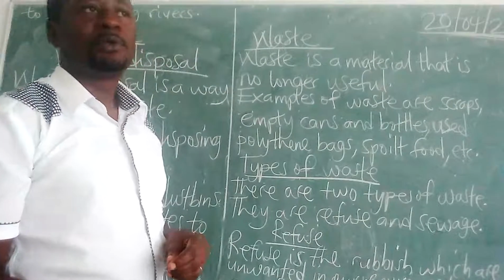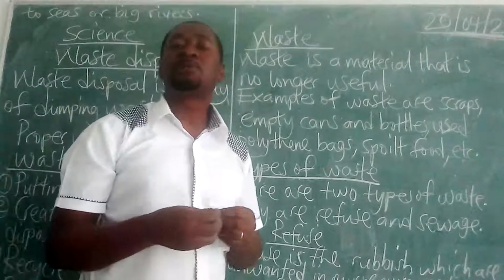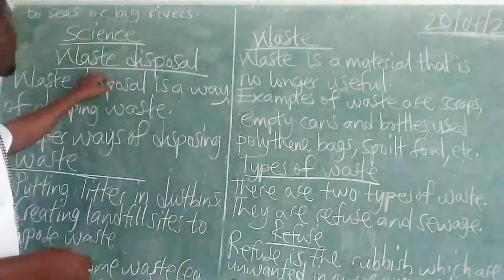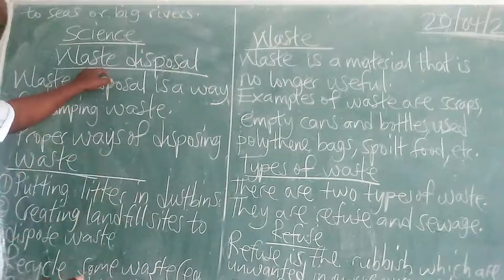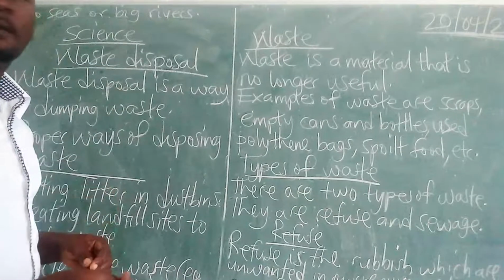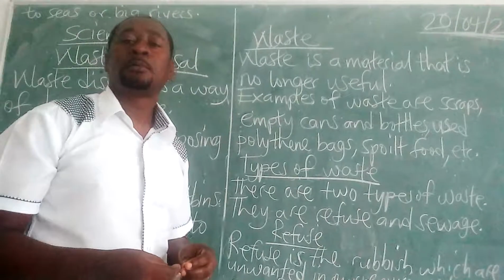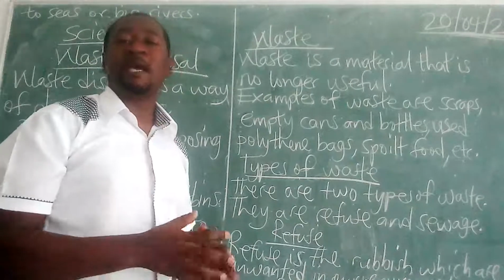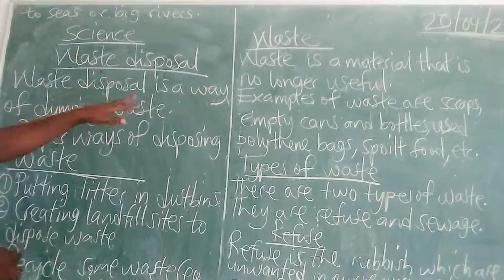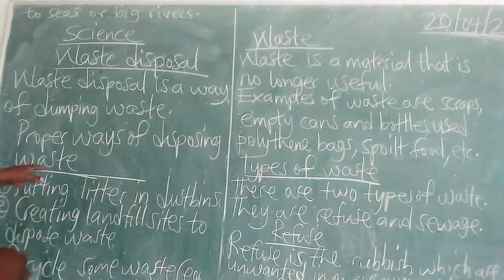Clean, so that the environment will be conducive for you and I. So the way we dispose our waste will also make the environment clean or will pollute the environment. So waste disposal is a way of dumping waste.